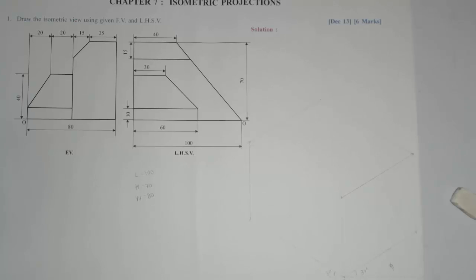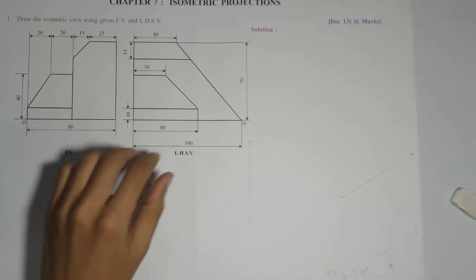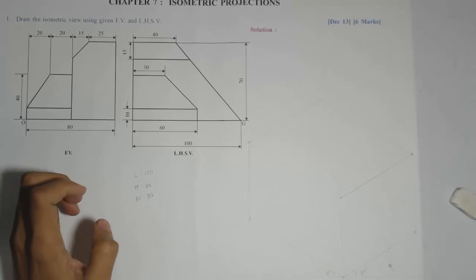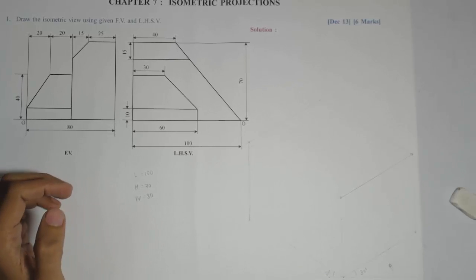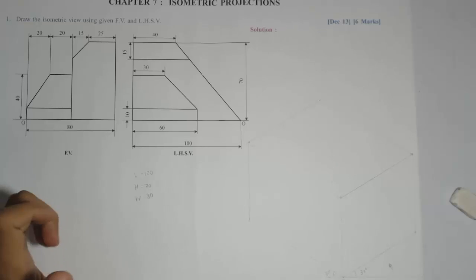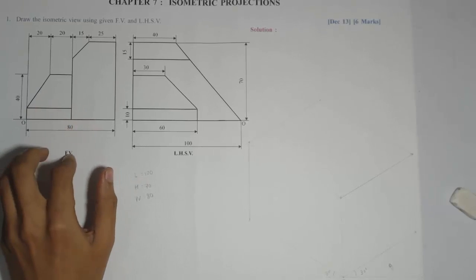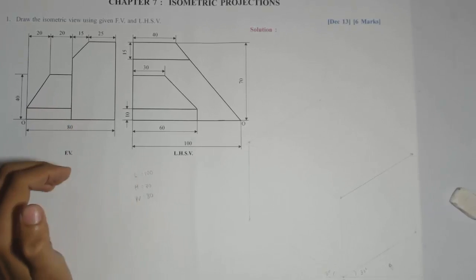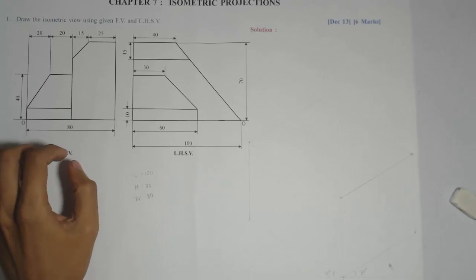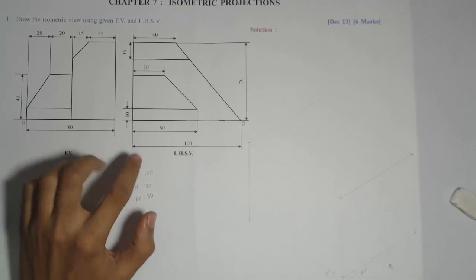The method is, I'll divide the entire question into small parts having equal heights, because the common dimension between the front view and the left hand side view is height, and those parts should be closed loop parts.